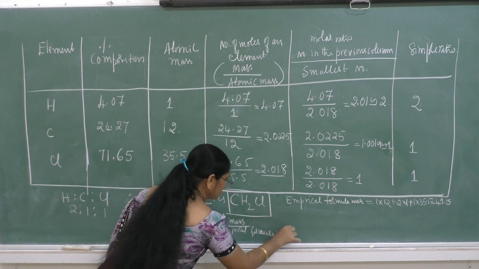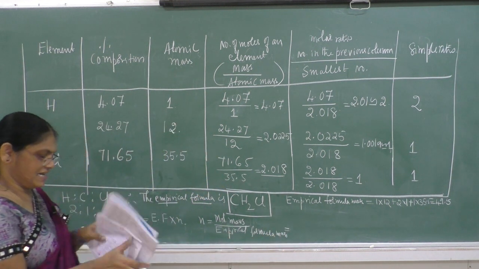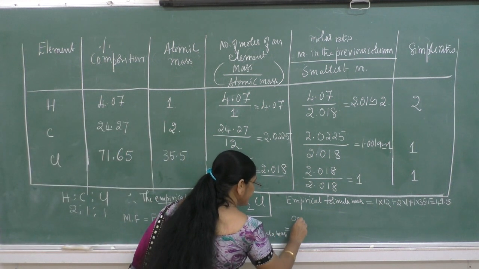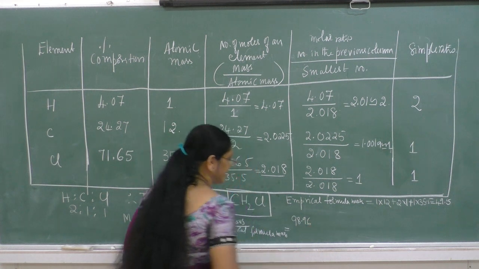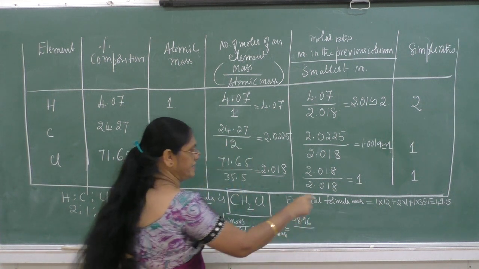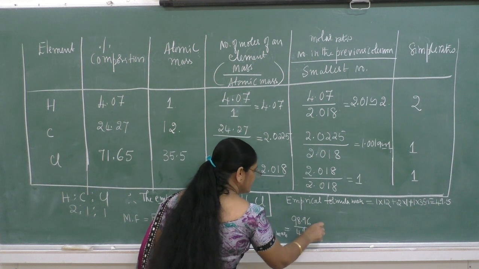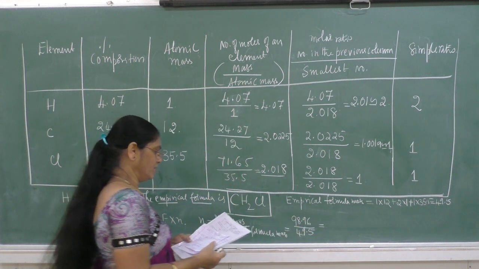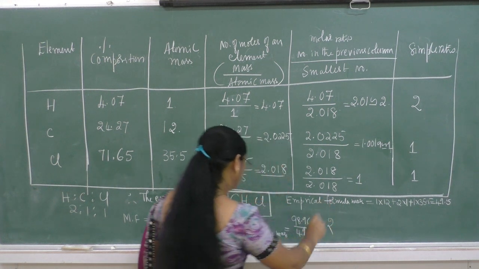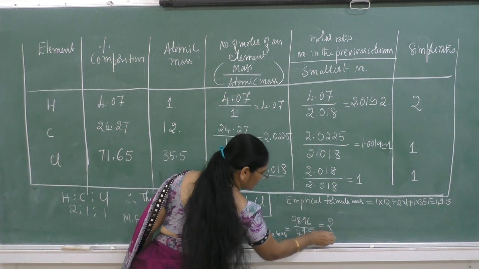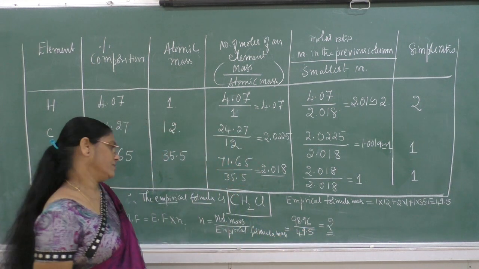The molecular mass is given in the problem, 98.96 grams, divided by 49.5, which is equal to 2. Therefore, the value of n is equal to 2.